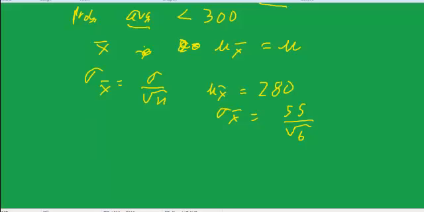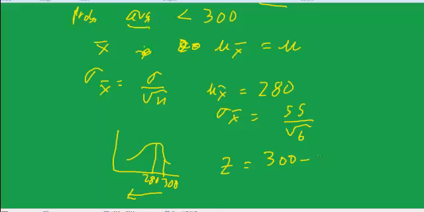What we're trying to see is, here's 280, here's 300, but we're looking for less than. So we want to see if our x bar will be less than 300.